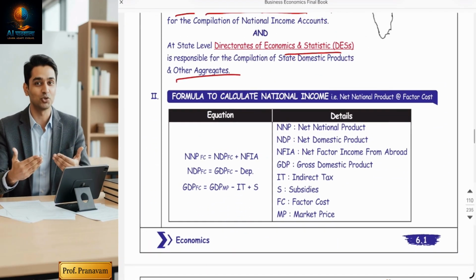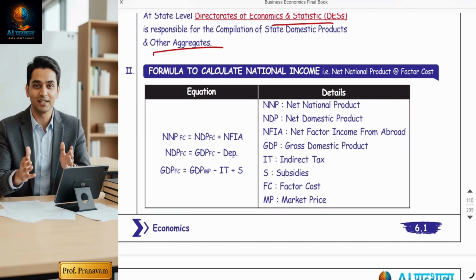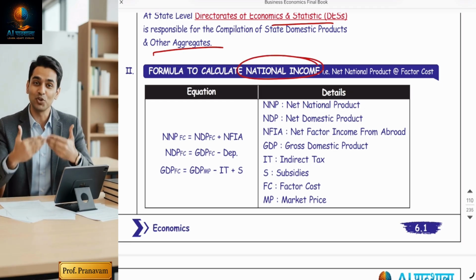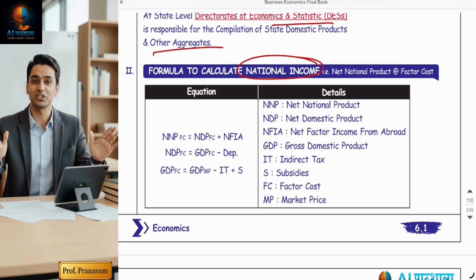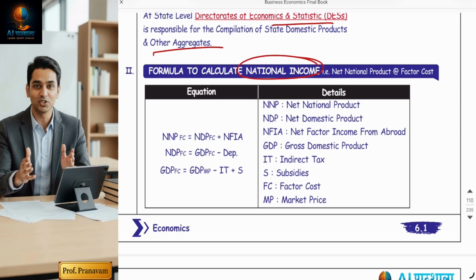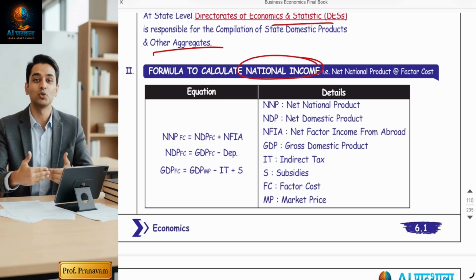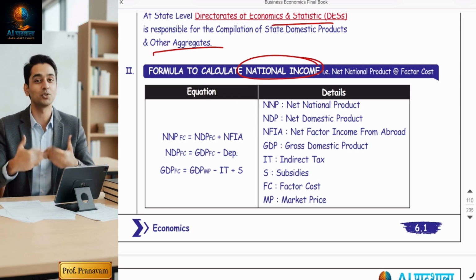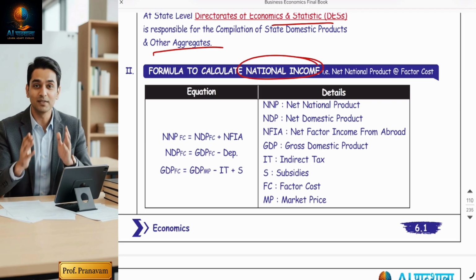Okay. Now the question arises, how to calculate national income? How to calculate a country's income, that is the 140 crore population's income? So friends, the concept is, first you should understand how this population earns. When I say it is the income of 140 crore population, how are you going to count it?